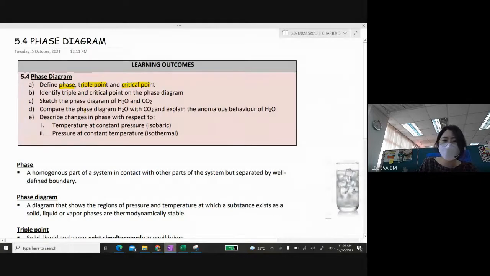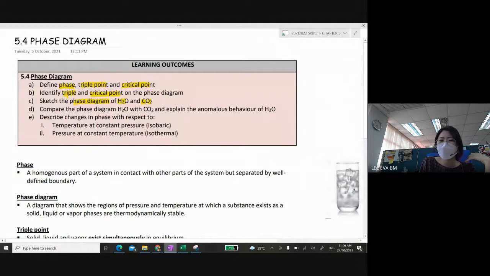We need to identify on the phase diagram. You have to know how to sketch the phase diagram as well. In the phase diagrams, you need to identify which point is the triple point, which point is our critical point. And you need to be able to sketch the phase diagram for water and also carbon dioxide.